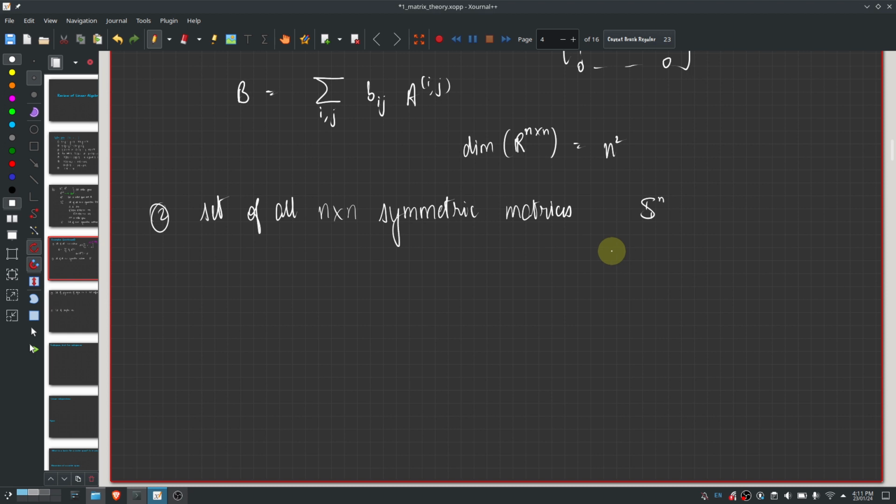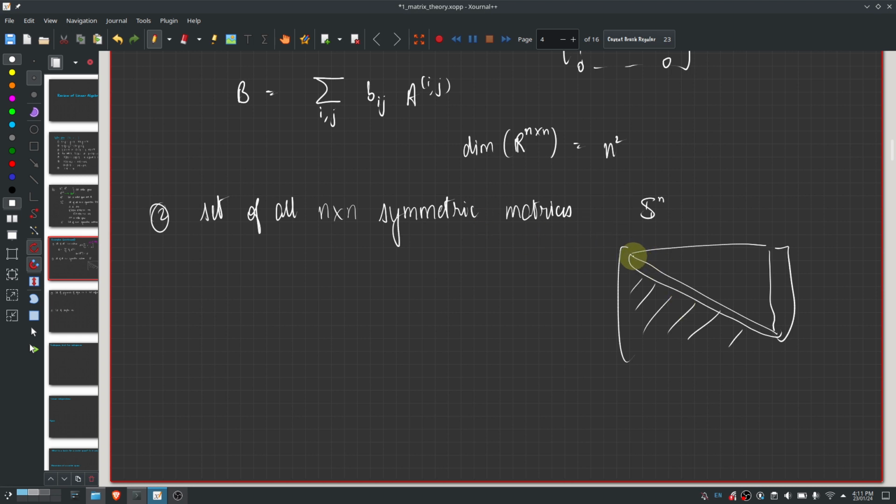Correct? So you can freely choose any entry along the diagonal as well as above the diagonal, and the ones below the diagonal are frozen essentially. Correct? So how many entries can you really choose freely?